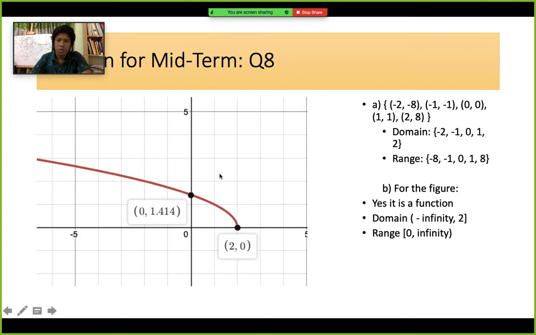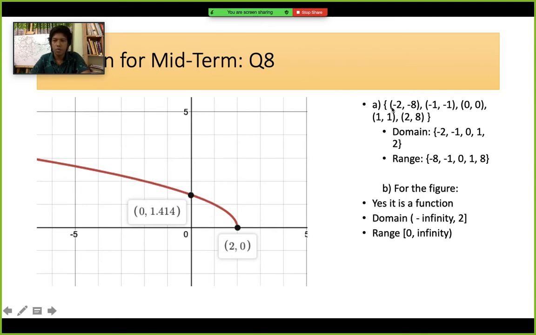For this question, what is the domain and range? So if an ordered pair is given, you can first identify whether it is a function or not by looking at the x values. If there is any repeated x value, you have to be careful, because one x value cannot have different y values to be a function.